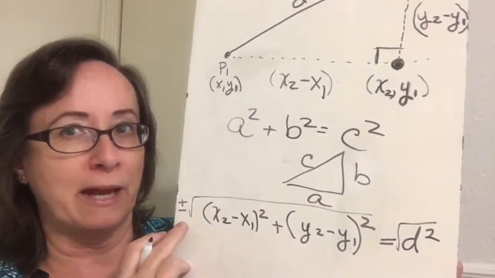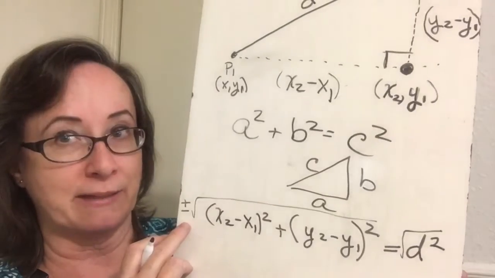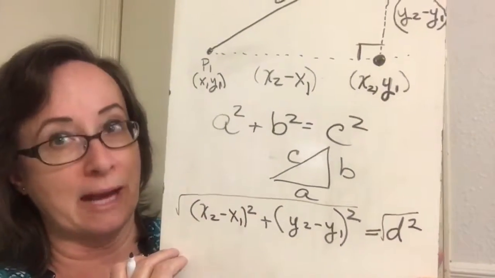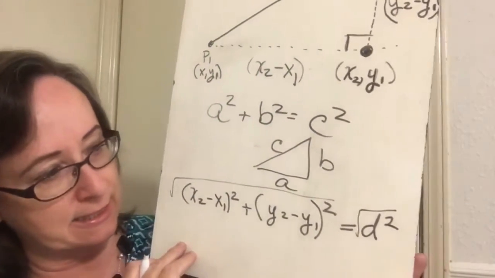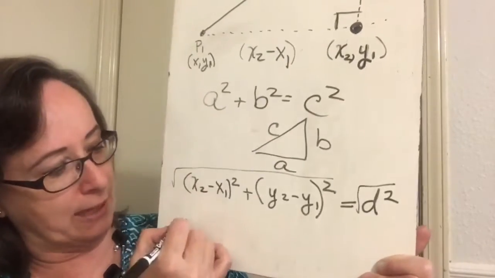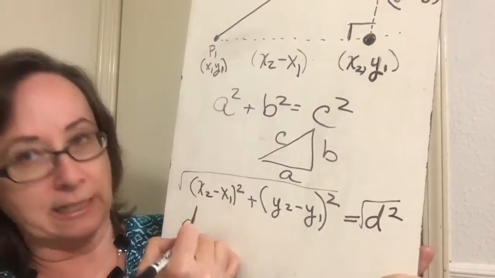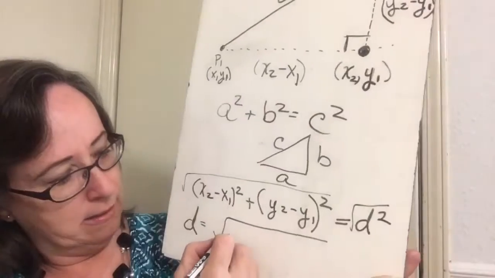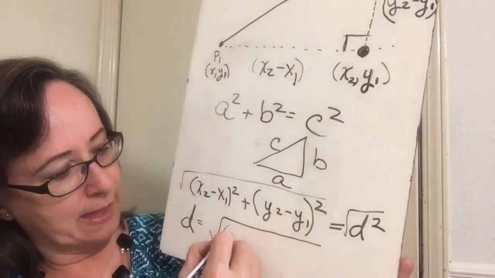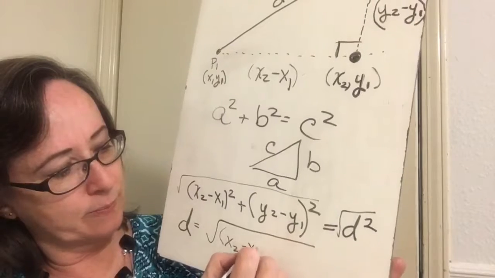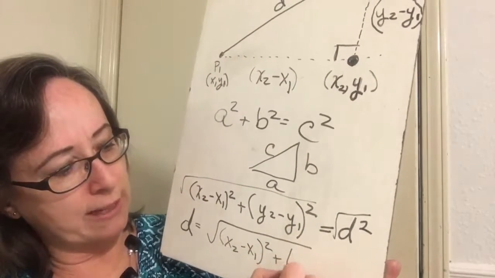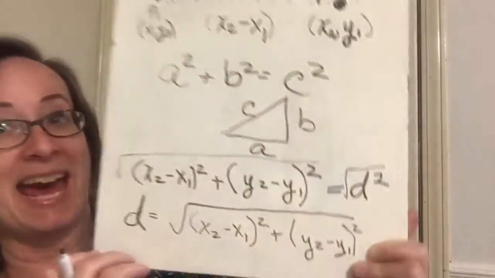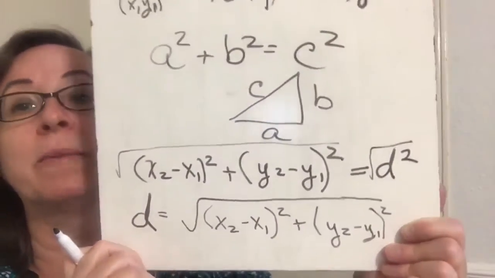So, although theoretically a plus or minus is there when you take the square root of both sides, in our application, we are only interested in the positive square root, a positive distance. So now I'm going to take my d and put it on the left, because I'm a little OCD like that, right? And I'm going to rewrite my square root of x2 minus x1 squared plus y2 minus y1 squared. That is our distance formula.